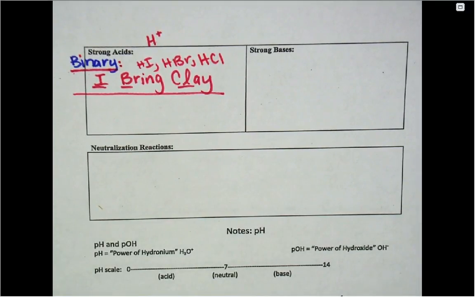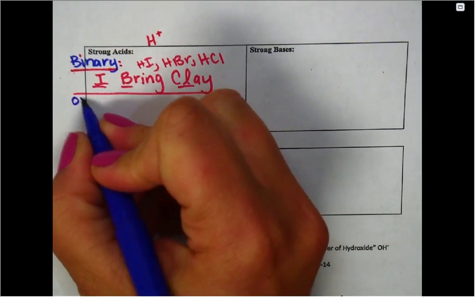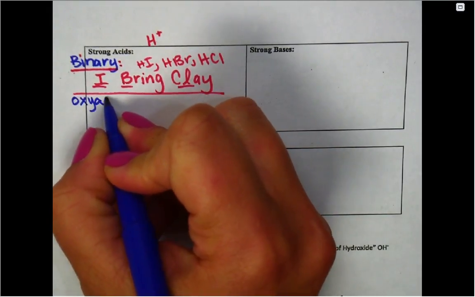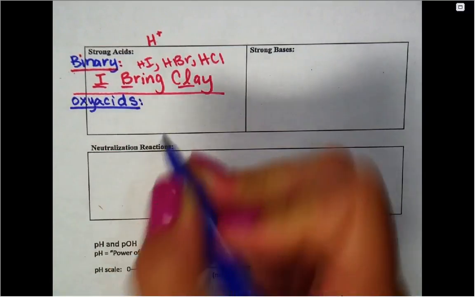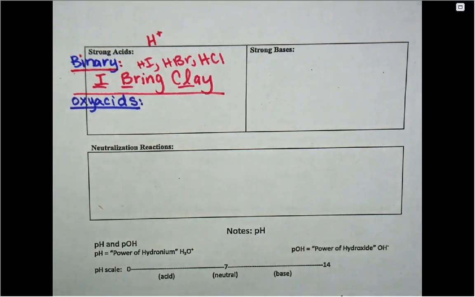Then we talked about oxy acids. There was a rule, because I felt like it's more difficult to try to memorize a bunch of these formulas and names. The one rule that we had was you had to count up something. Does anybody remember what that magic number was?